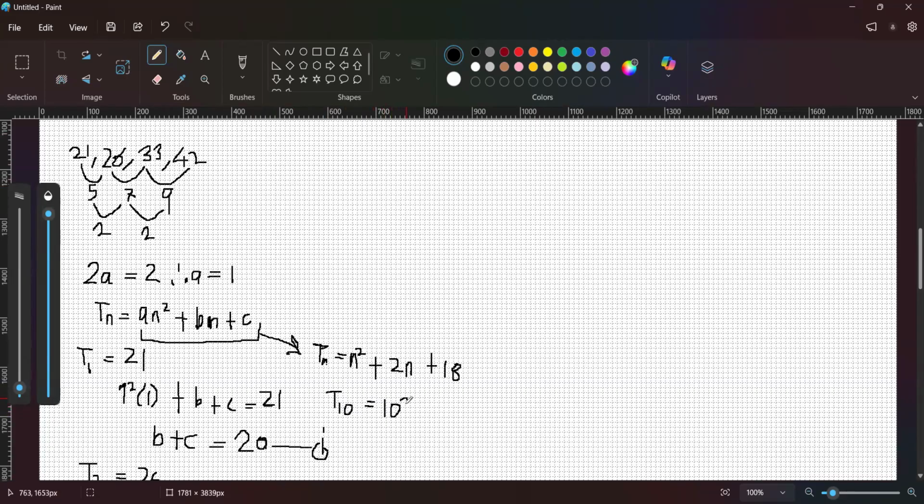10 squared plus 2 times 10, right, plus 18.